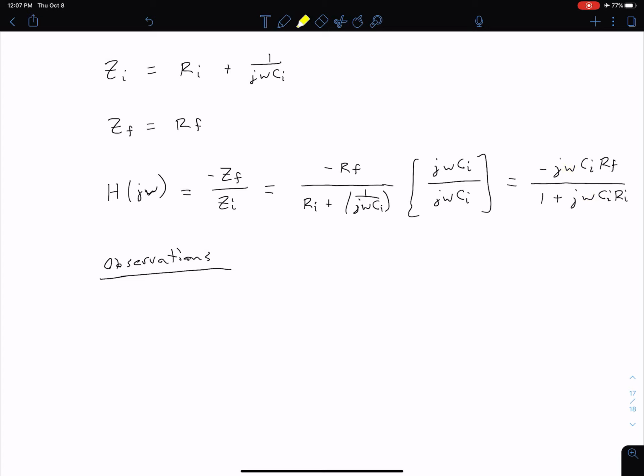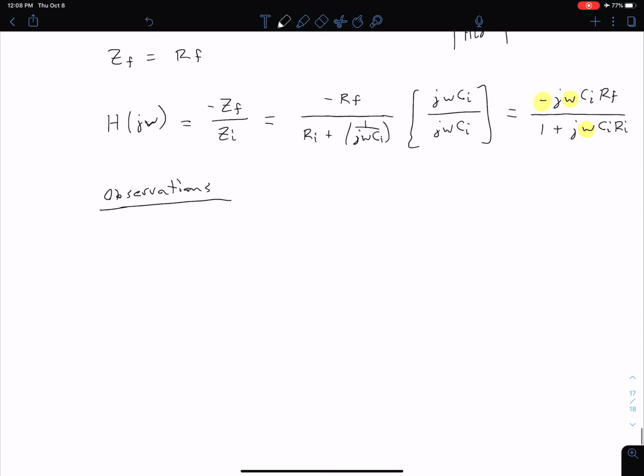If our omega is going towards infinity, we're going to have a negative infinity over infinity. It's the same form. We could do L'Hopital's rule to be mathematically correct, but that's going to give us a 1. And the reason we can ignore this negative sign is, remember, we would be interested in the magnitude of our H of j omega.